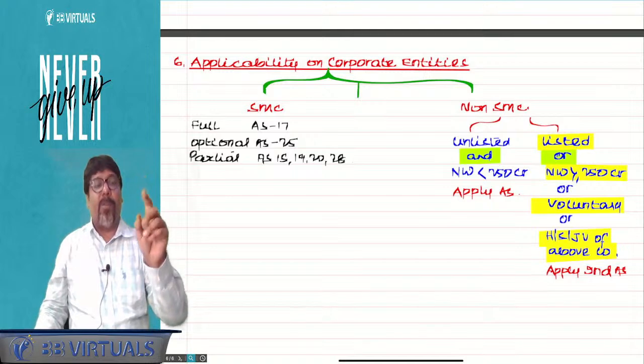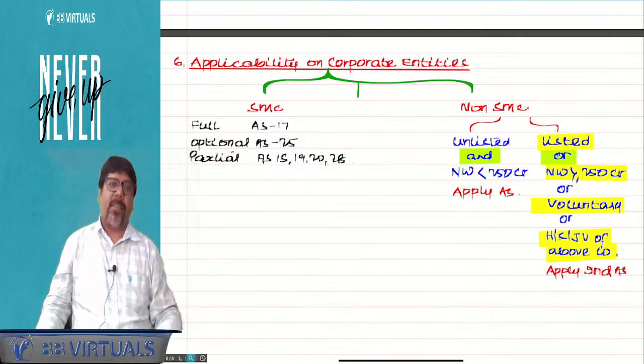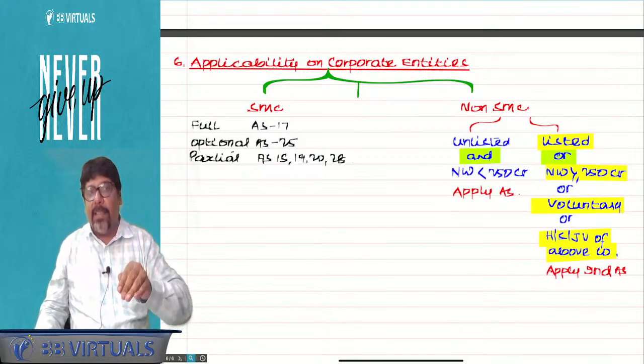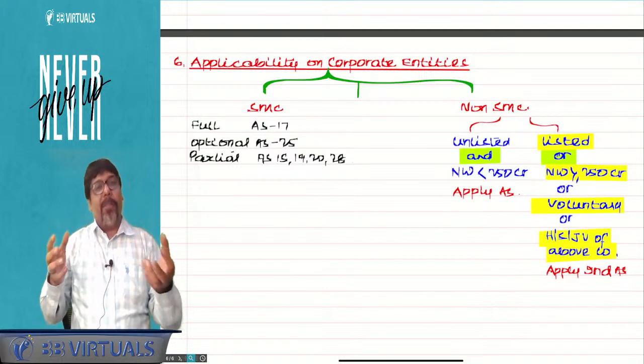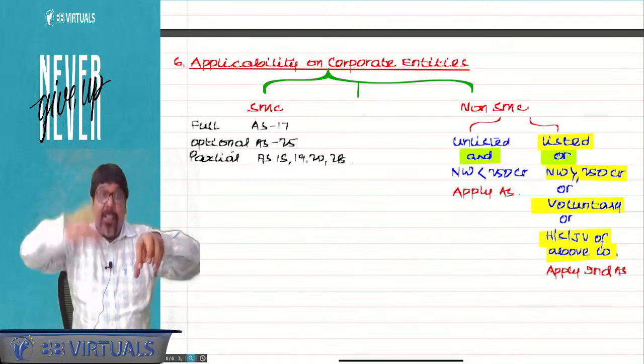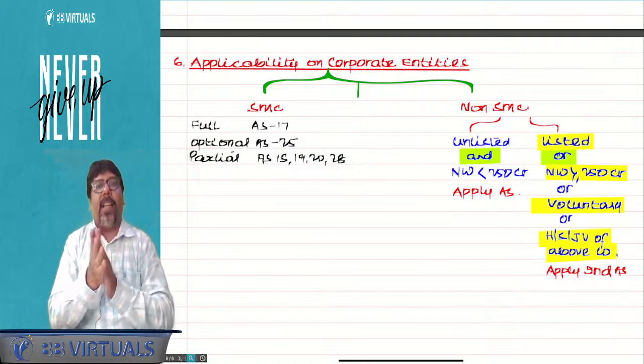If you are listed, whatever your net worth, apply Ind AS. If your net worth is greater than 250 crores, whether listed or unlisted, apply Ind AS. Only if you are unlisted as well as your net worth is less than 250 crores will you apply AS. Am I clear?